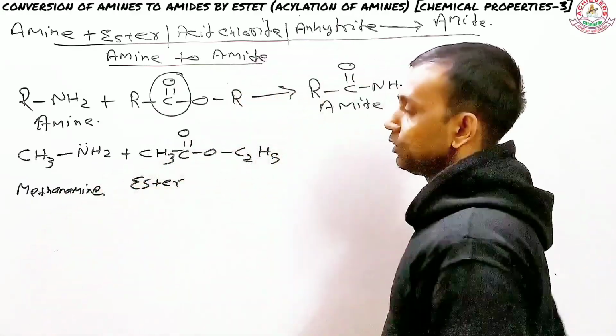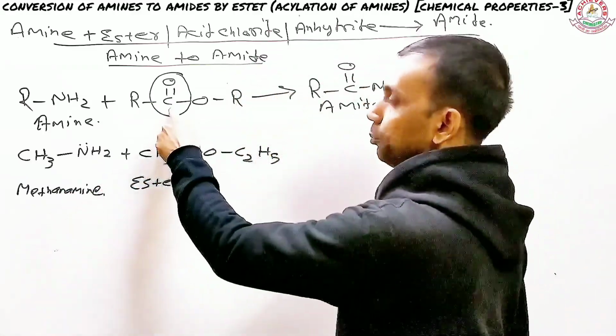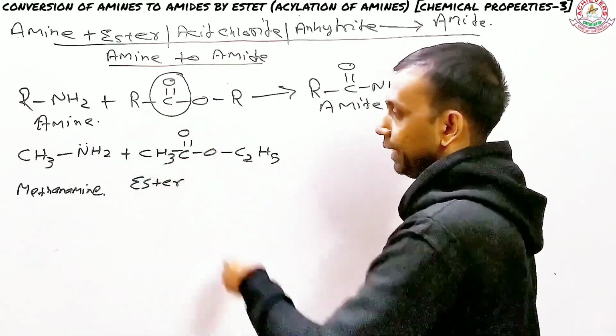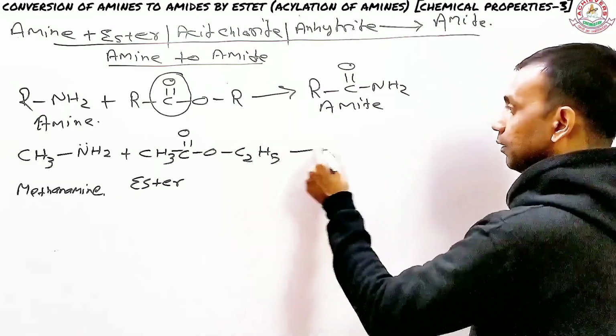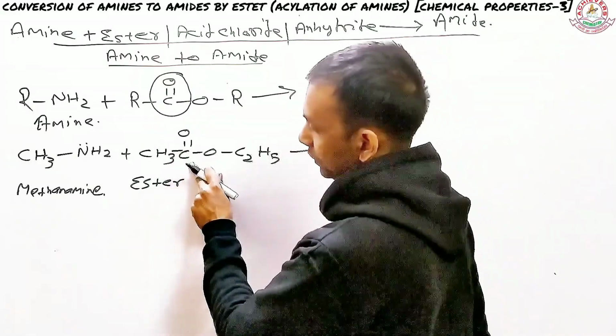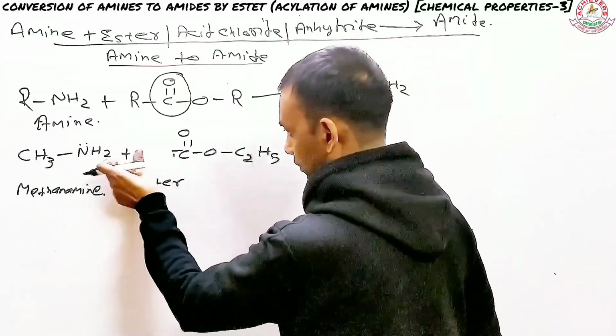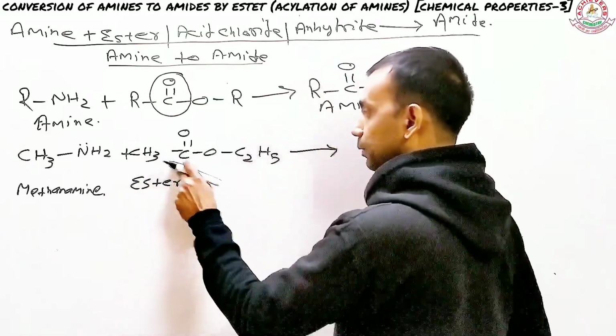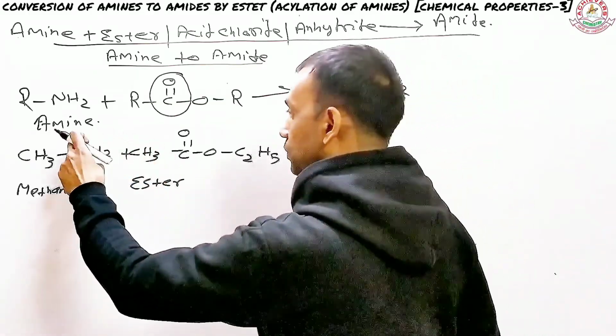Why did I take this reagent? Because we needed only this group here. We needed a carbonyl group, and this is available here from the ester. So what's going to happen? Let's concentrate. This carbon is electron deficient, while the nitrogen is electron rich.